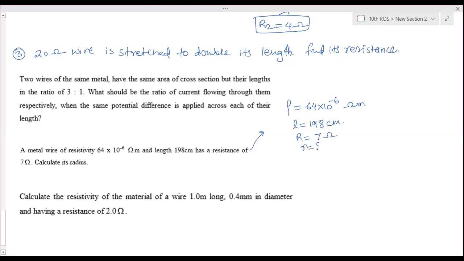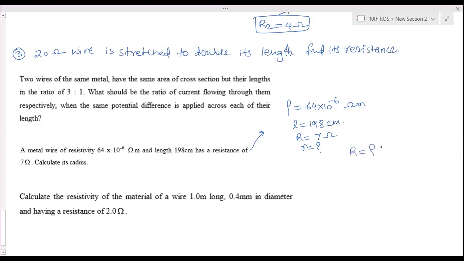Find its radius. It should be, I think, in centimeters. It is 64 into 10 to power minus 6, but it's not ohm meter, it is ohm centimeter. Fine, we'll keep it as 10 to power minus 6. Let's check.